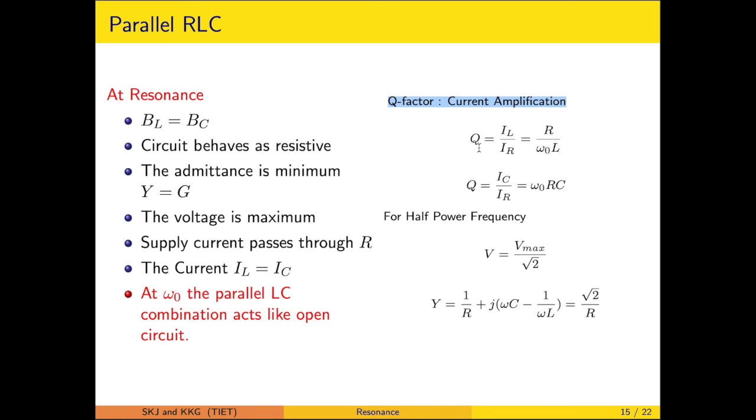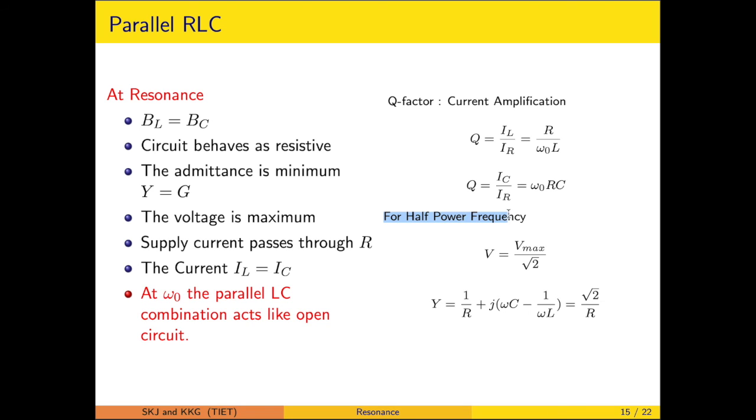So Q is equal to IL upon IR, that particular is substituted likewise as R upon omega 0 L. Similarly, you can define the Q factor as IC upon IR, so that particular is giving rise to omega 0 RC. So here the Q factors are coming out to have a reciprocal relationship, whereas the resonant frequency is having the same expression, omega 0 is equal to 1 upon root LC.